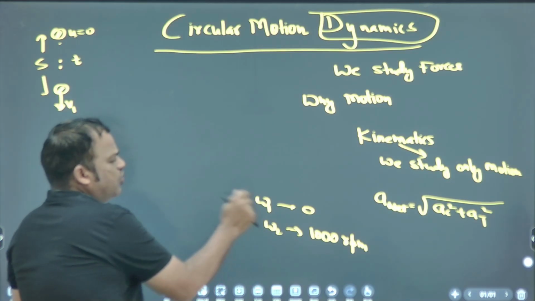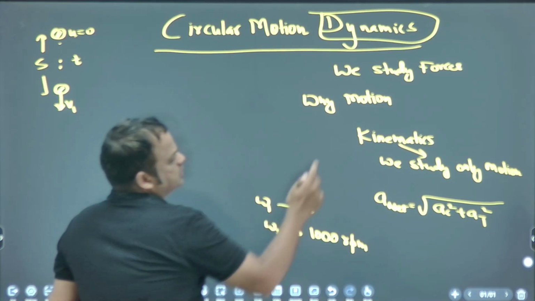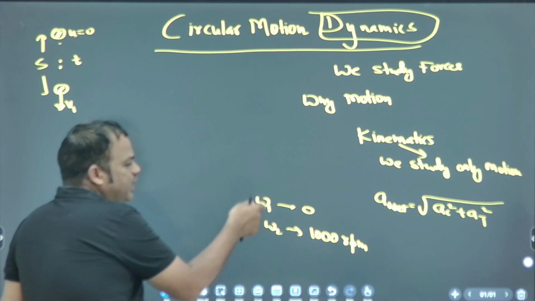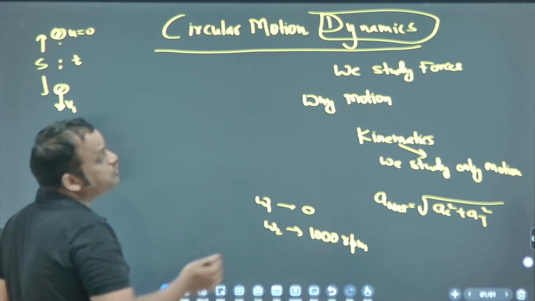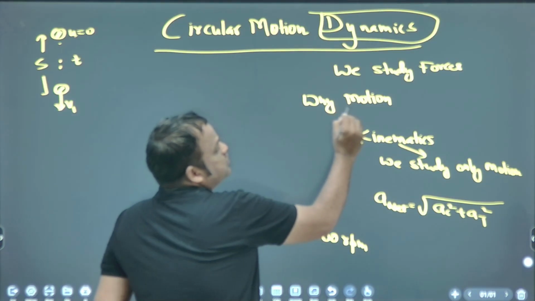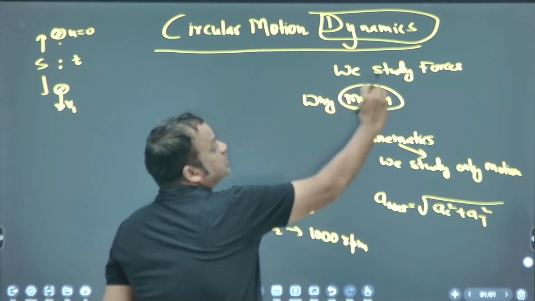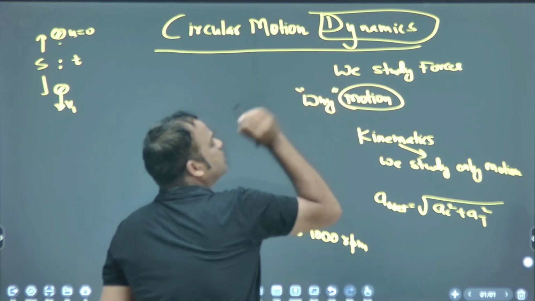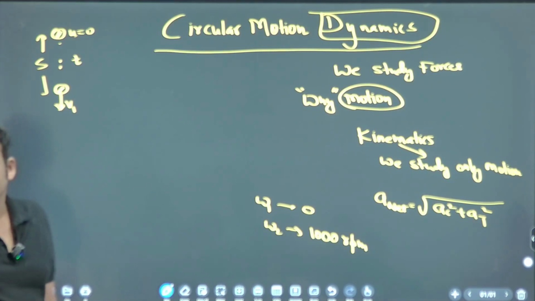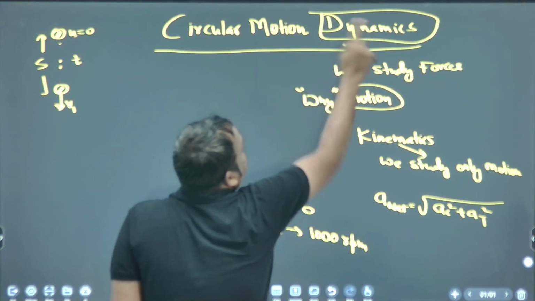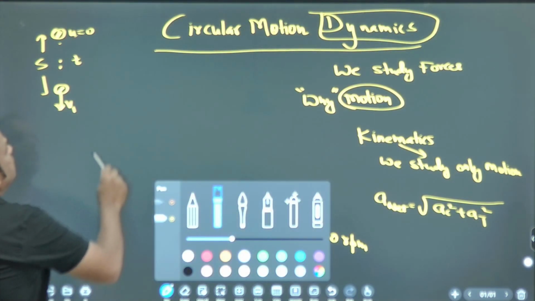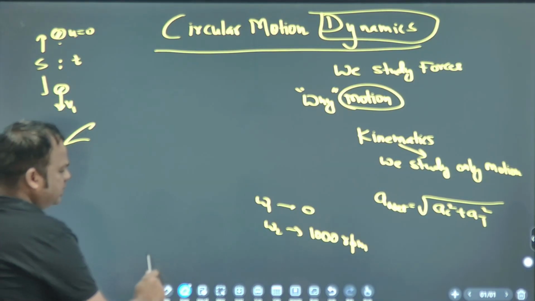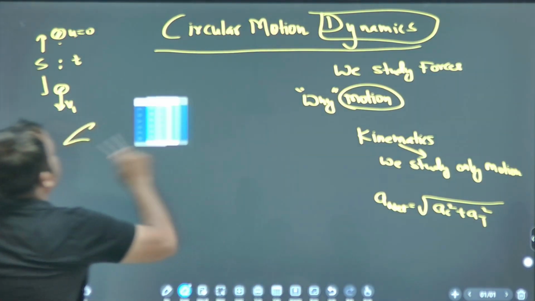I am observing only speed. So that is kinematics. But why is speed increasing? Why are there changes? When I start discussing why, that comes in dynamics. Okay, clear? So you can divide physics in two parts: kinematics and dynamics.